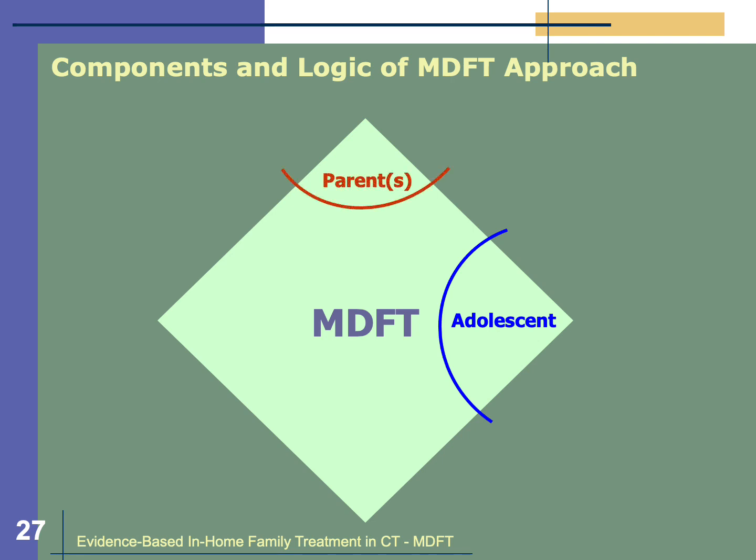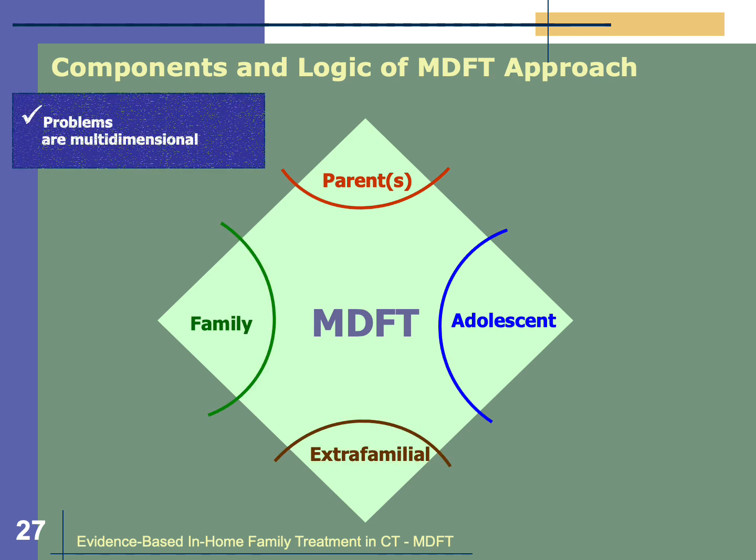We look at the parents, we look at the family, and we look at the extrafamiliar stuff. As we do that, we consider that problems are multidimensional. So if a child has untreated mental health, that's related to the adolescent, but it also might be related to the parents.